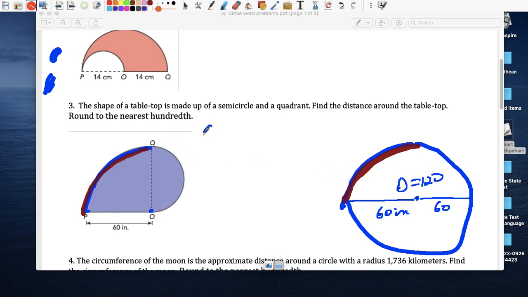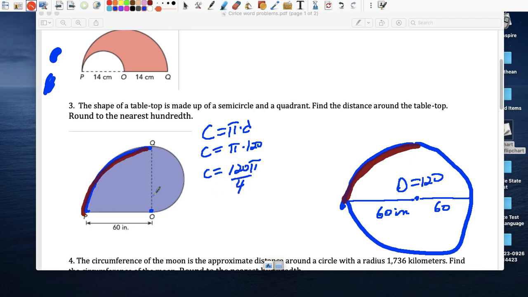So I'm going to do C equals pi d. C equals pi times the diameter, which is 120, so C equals 120 times pi, enter, 376.991184. I'm going to leave that as 120 pi. But because I'm only interested in a fourth of it, I'm going to divide that by 4.